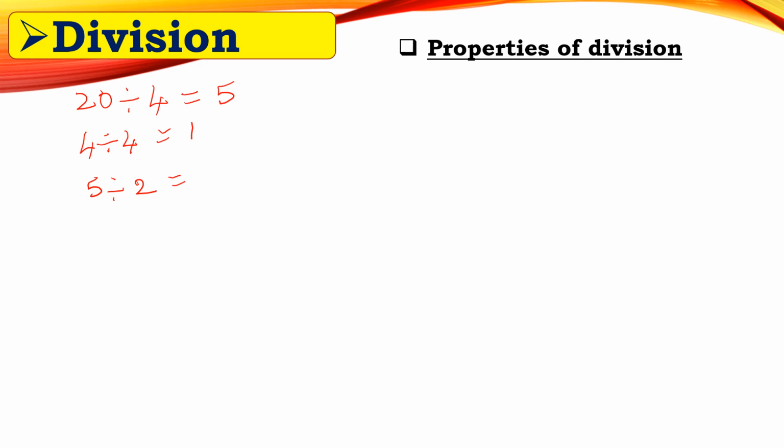Will I get a whole number? I will get 2 1/2. Is this a whole number? You have a whole number part and a fractional part. So you can say that the quotient is not always a whole number. So the whole numbers are not closed with regard to division.